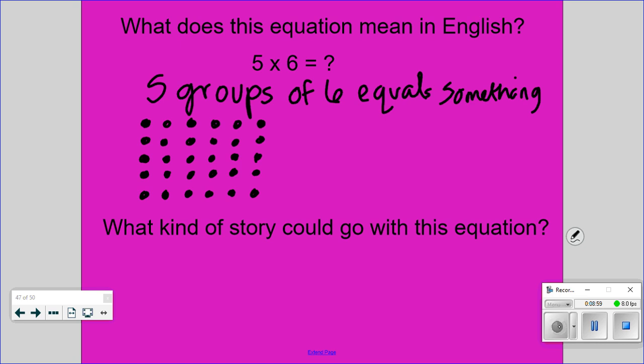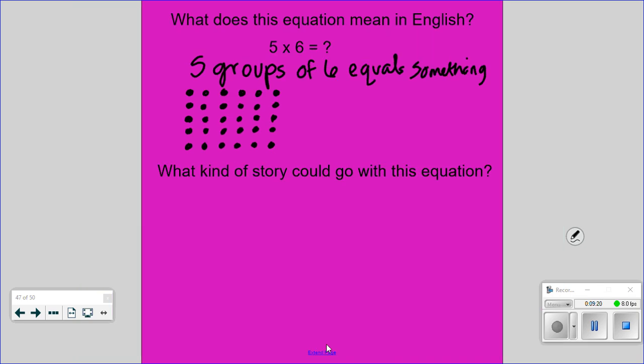What could be a story that goes with 5 groups of 6? What could be a story that would match 5 groups of 6? Go for it, Braden.